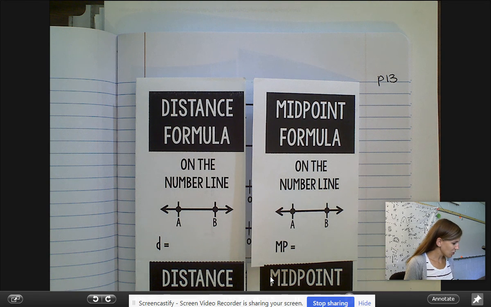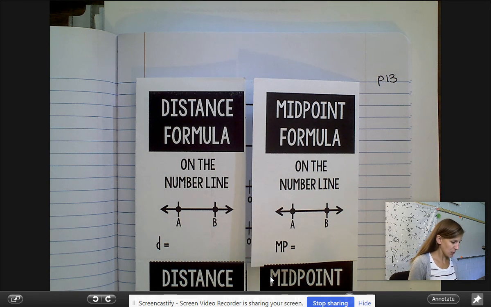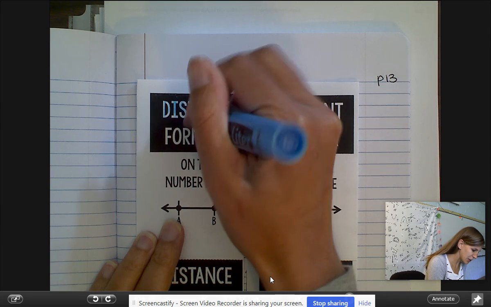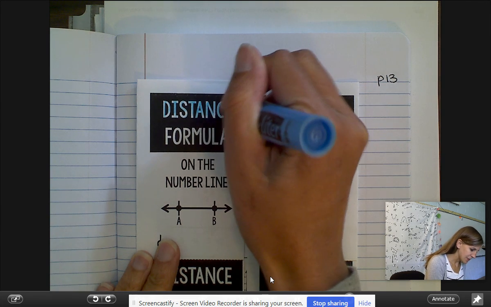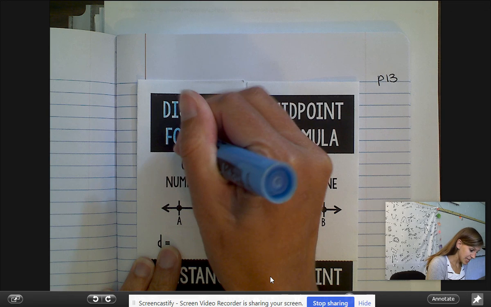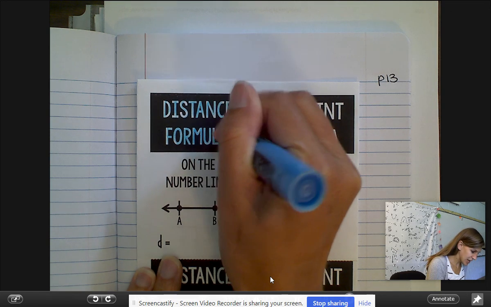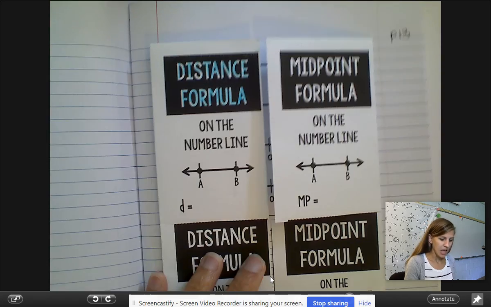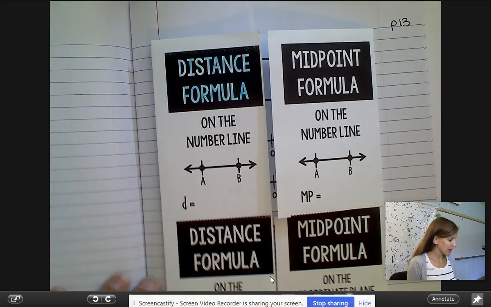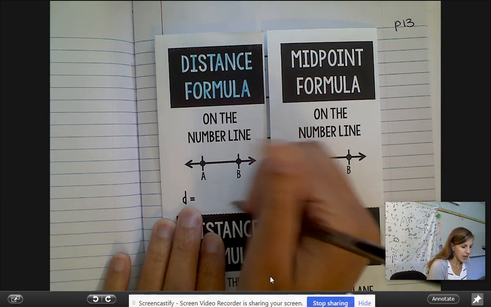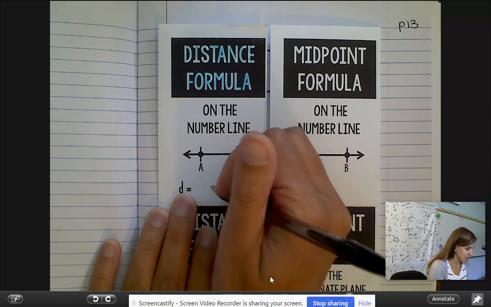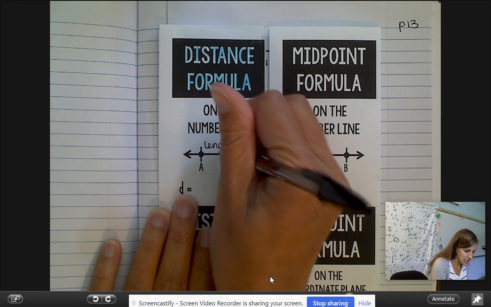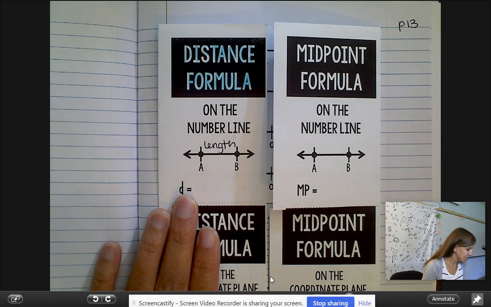Actually, let's look at the distance formula first. We've already talked about this a little bit when we were doing segment addition, like I said. If we are on a number line, and I think I actually gave this formula to you in class, we want to find the distance between something, or the length. Distance and length mean the same thing.